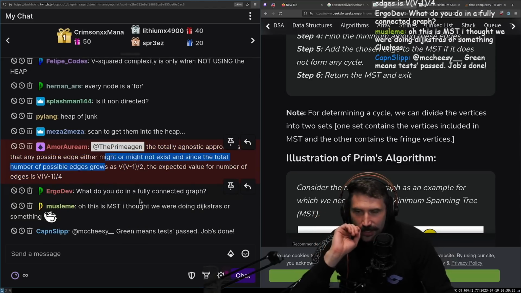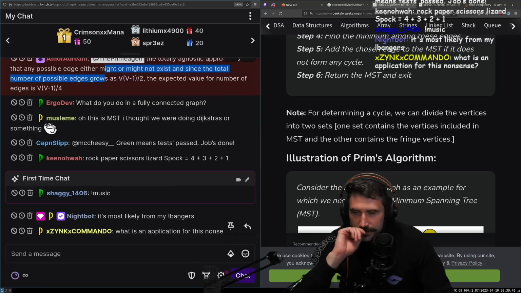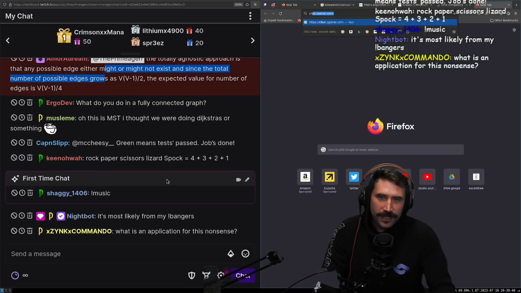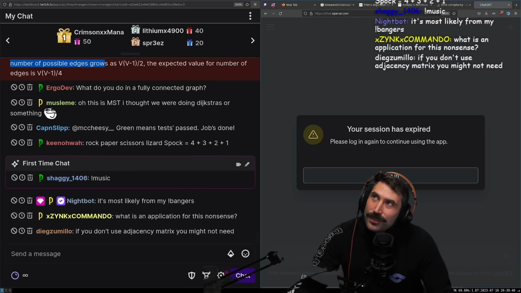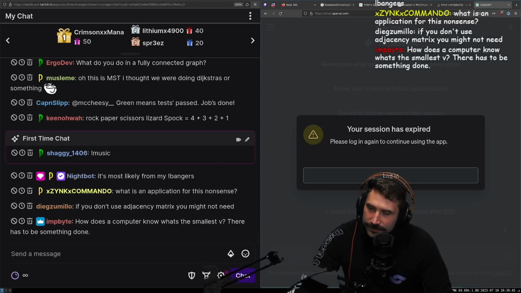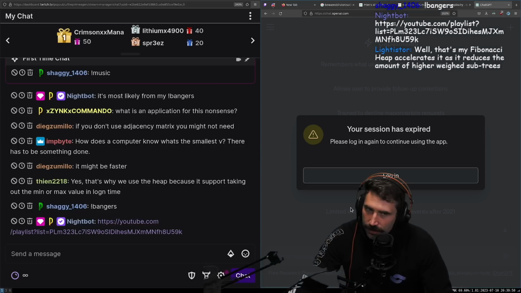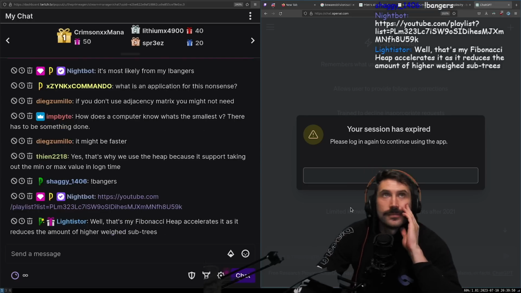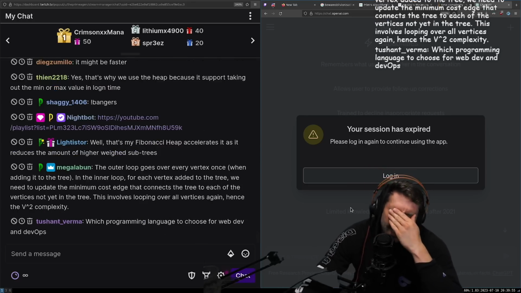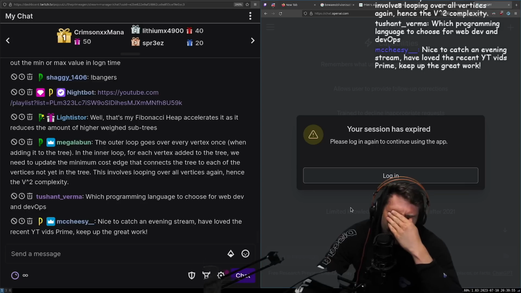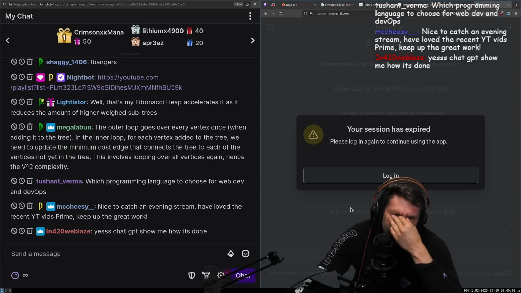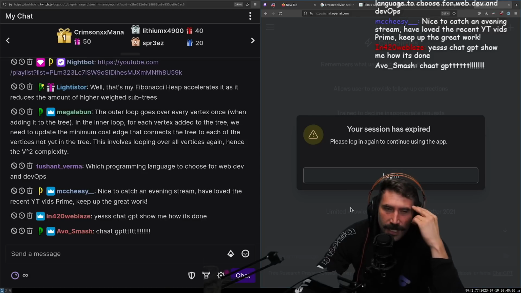I'm not exactly following along. All right, so now let's try. I'm still having trouble seeing why it's V squared and why it's not V log E. Actually, if you insert E items into a heap, what is the time of that? Is that E log E?